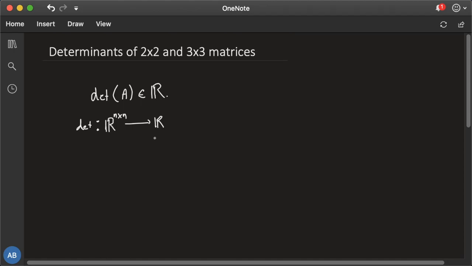Now, you have probably dealt with determinants before, possibly while using, I don't know, Cramer's rule, for example.